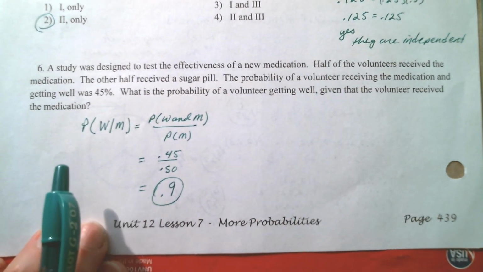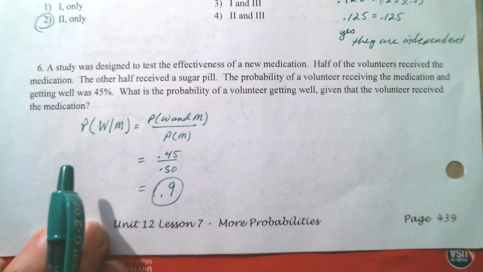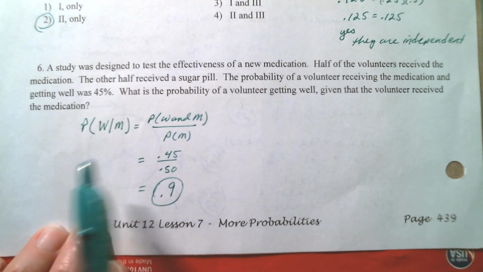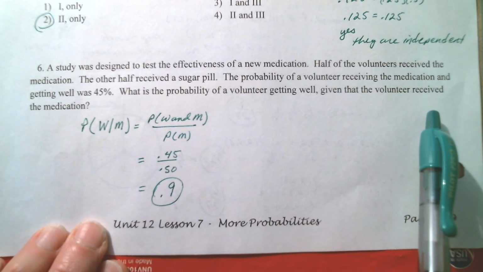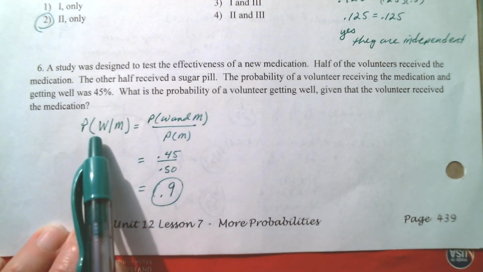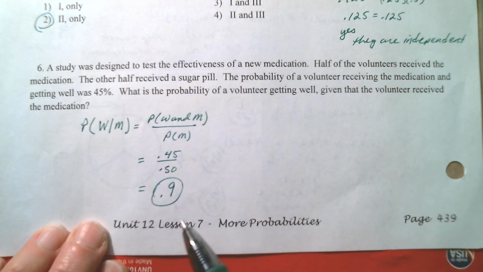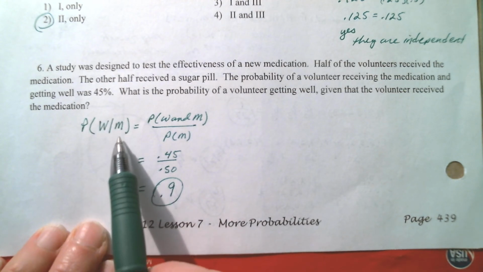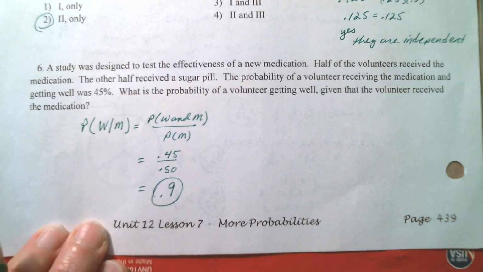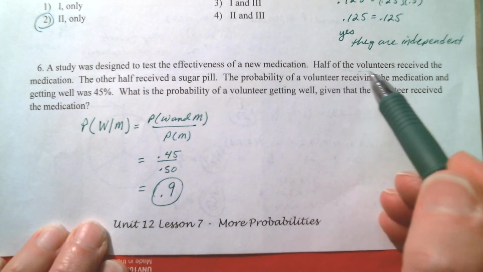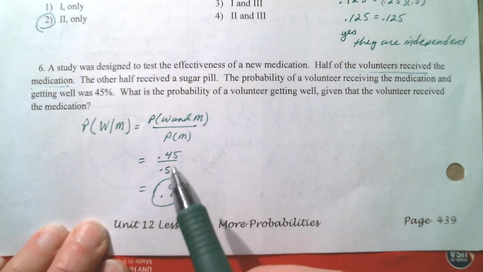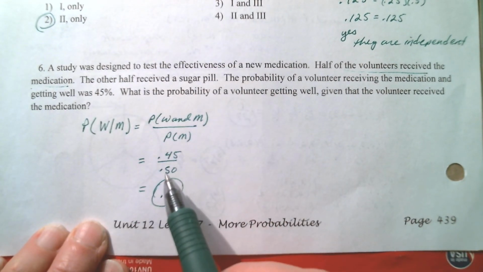And number 6, what is the probability of a volunteer getting well given that the volunteer received the medication? So I said I let W be well, probability of well given medication, M for medication. So half the volunteers received the medication, so 0.50 is the denominator.